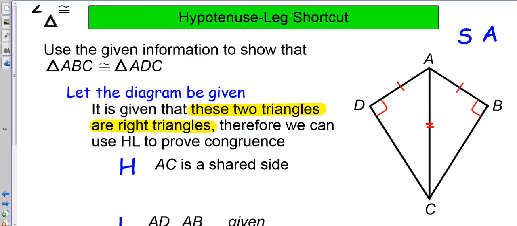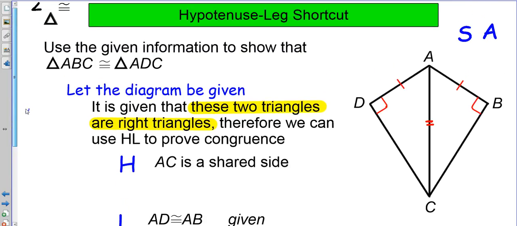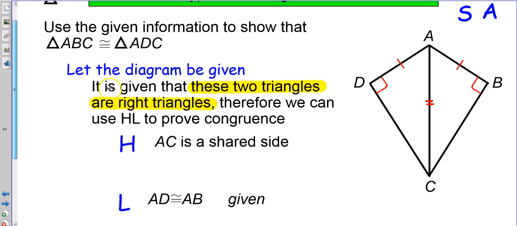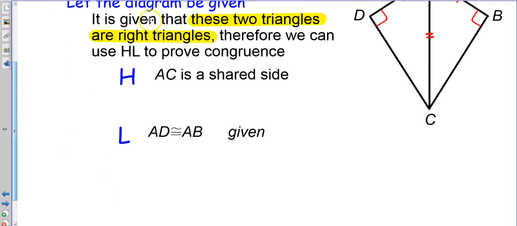So I'm just going to slide my little congruent sign down here, and there's my argument. AD is congruent to AB. That's given information. So very simple HL proof. We first have to state that the two triangles are right triangles, and once we see that, we can just give the argument that the hypotenuses are congruent and one pair of corresponding legs is congruent.